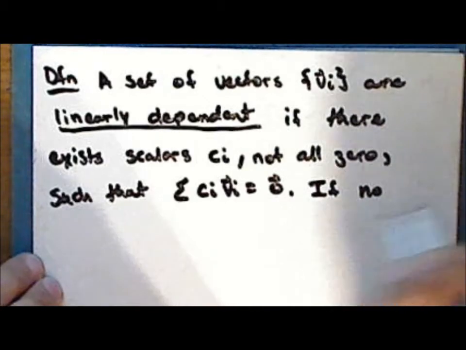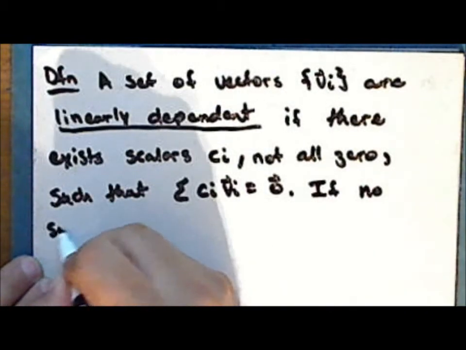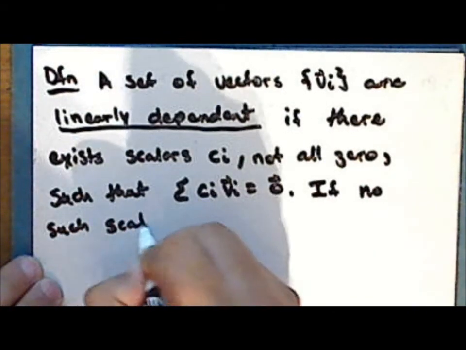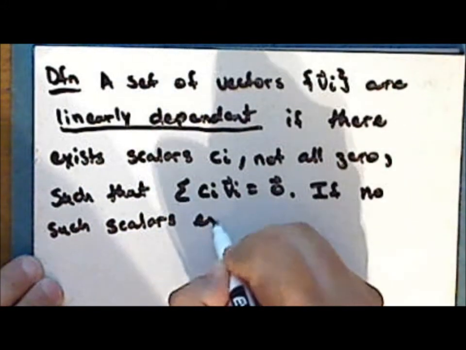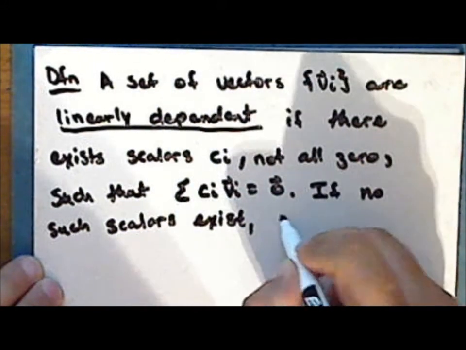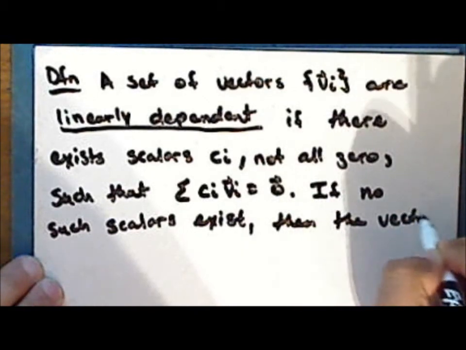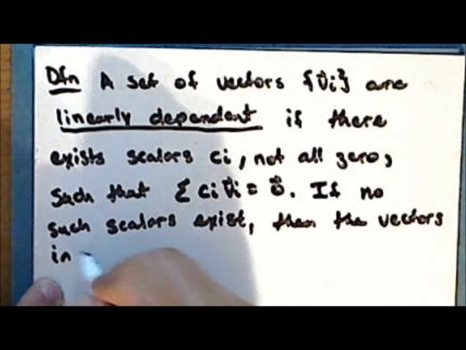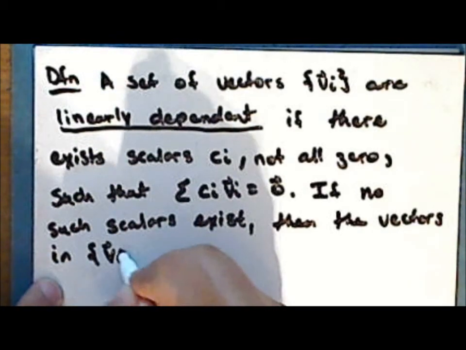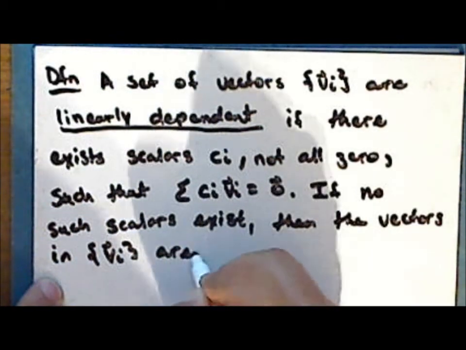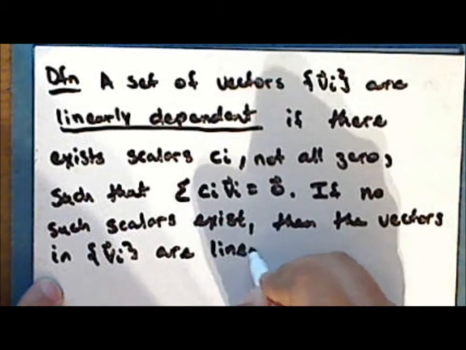If no such scalars exist, then the vectors in the set v sub i are linearly independent.